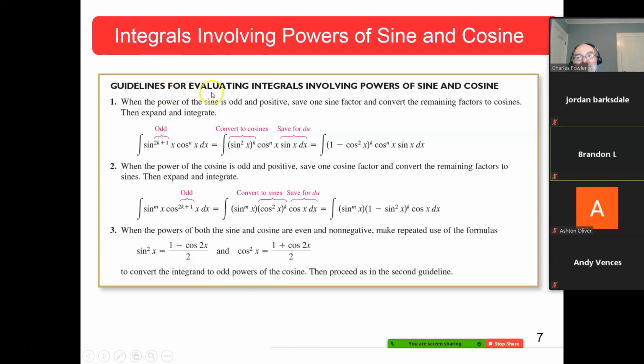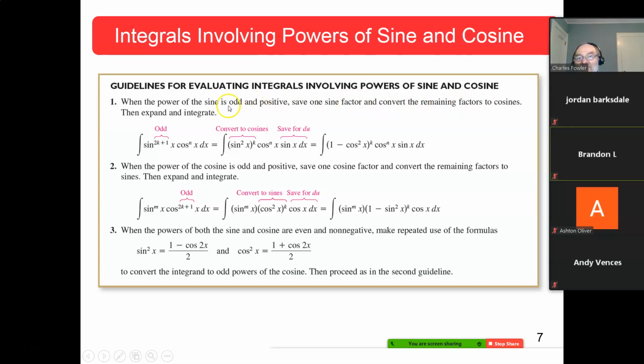So the guidelines for evaluating integrals involving powers of sine and cosine. When the power of the sine is odd and positive, remember we always have them being positive and integers. So odd and positive. Save one of those sines, that sine factor, and convert the remaining ones to cosine.